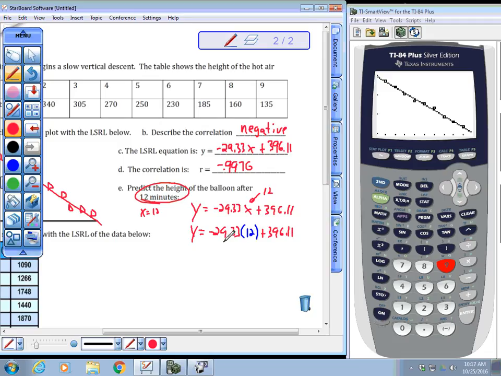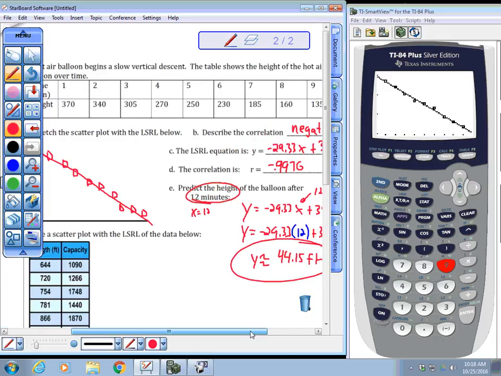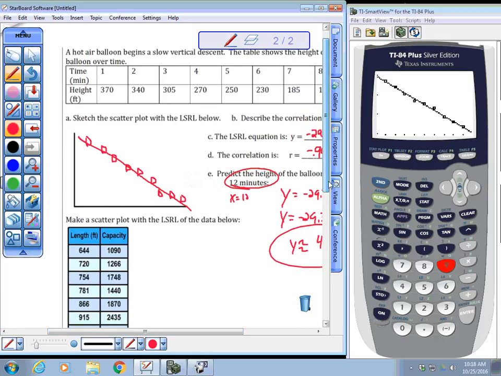Put that in your calculator, and you should get an answer of y equals 44.15 feet. And I should have it as an approximation, actually, because of the rounding answers. And feet is my unit of measure.